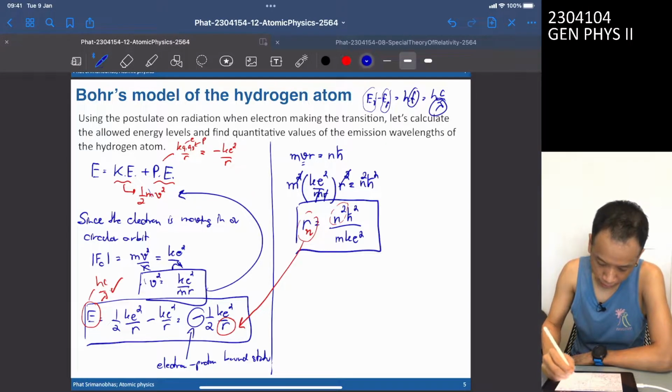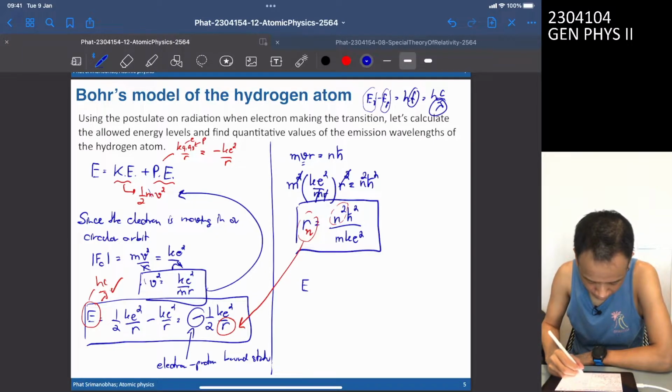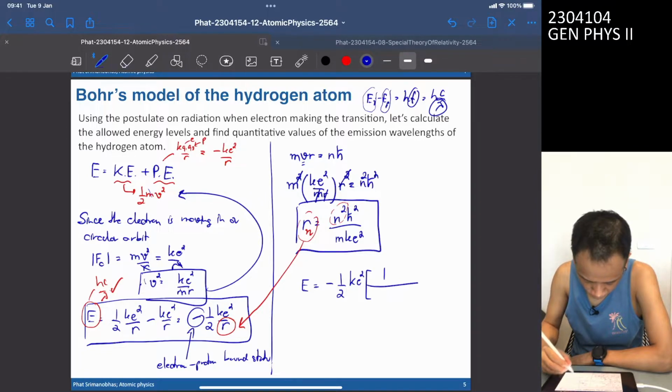Finally you get the energy equal to minus half ke square times 1 over n square times h bar square over mke square.